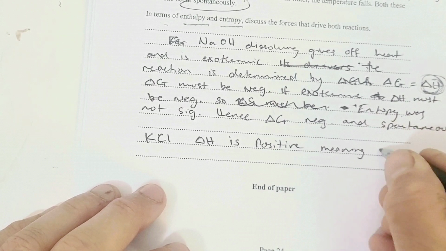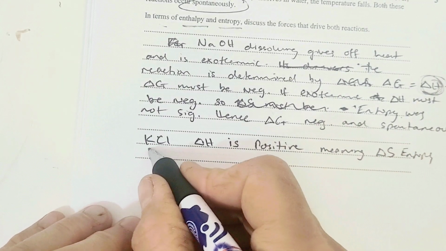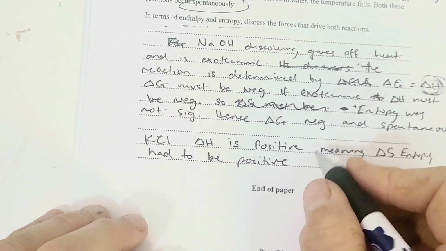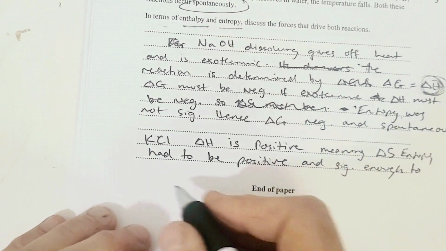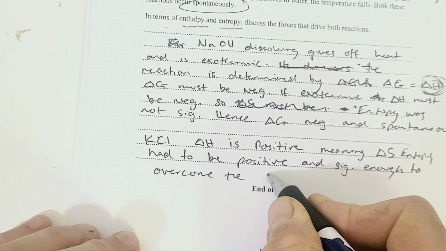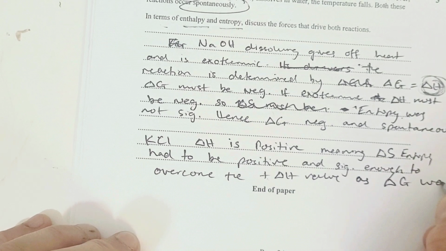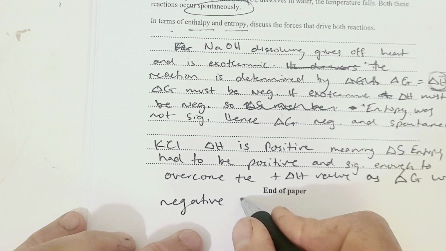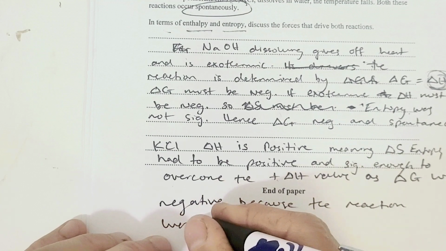So meaning the entropy had to be positive and significant enough to overcome the positive delta H value, as delta G was negative, because the reaction was spontaneous.